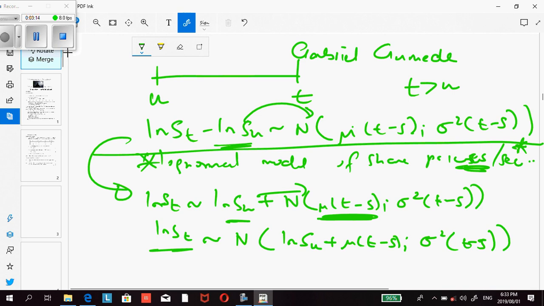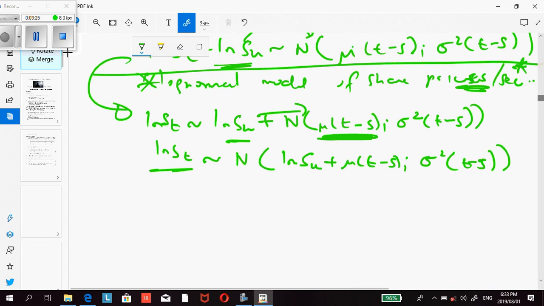Now, I want ST on its own. So I want the distribution of the share price at this point. So what am I going to do now? I've been explaining this throughout the revision because this is quite common throughout this exam, which is CM2. I'm going to take an exponential on both sides here.